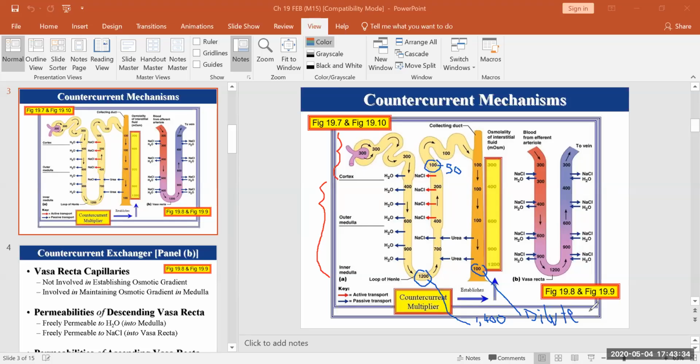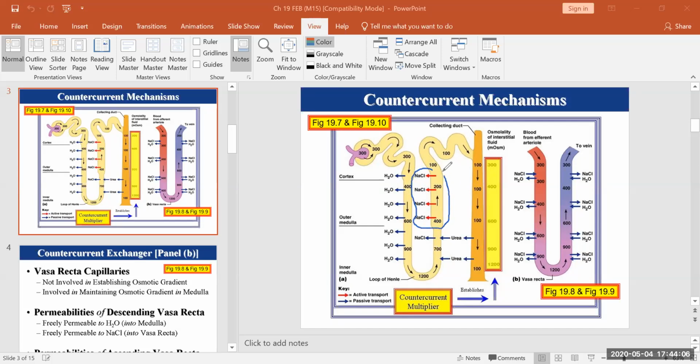And in order for this to occur, the only reason why the countercurrent mechanism, the countercurrent multiplier, meaning the loop of Henle, can do that is because of this. I need to erase this. This part here, active transport.